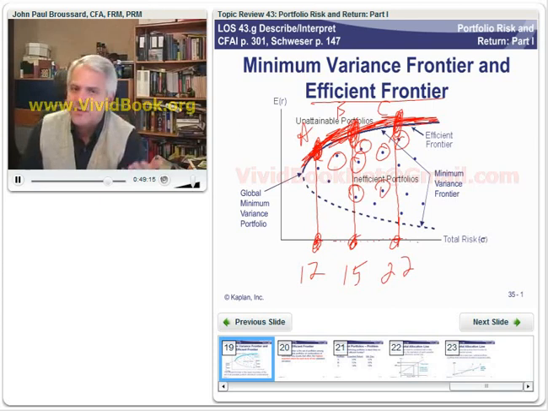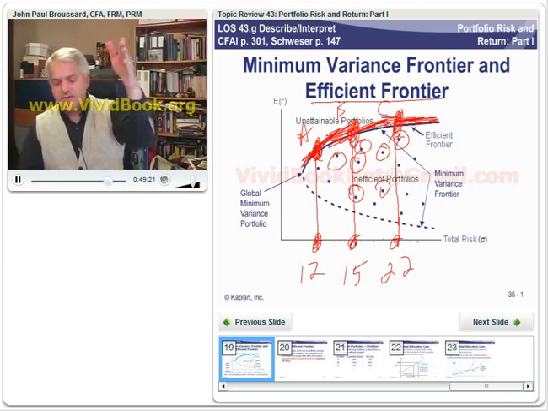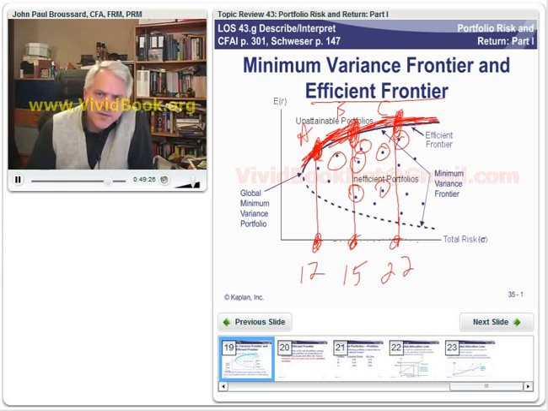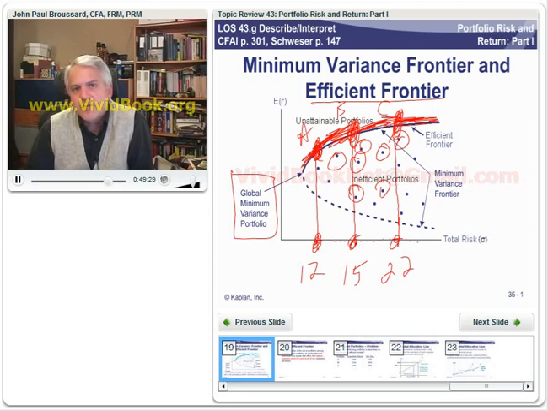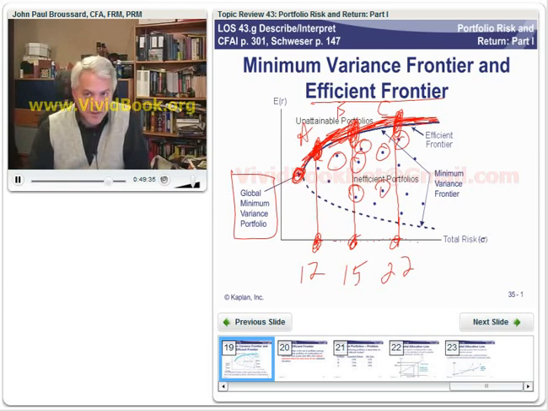So we never want to hold them, because at that same level of risk, 12%, we can get a portfolio that generates a higher return, portfolio A. There's another piece here called the global minimum variance portfolio. That is the portfolio that has the smallest variance of all portfolios attainable in the investment opportunity set.